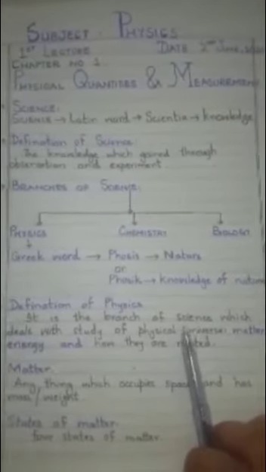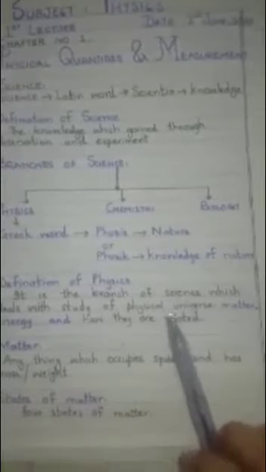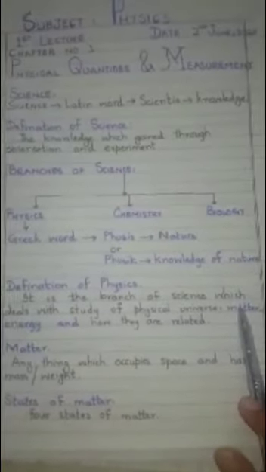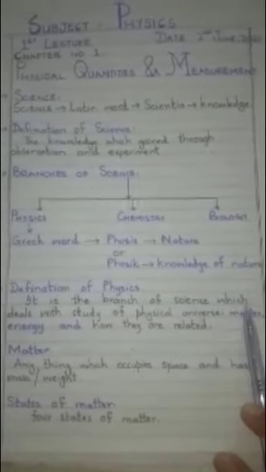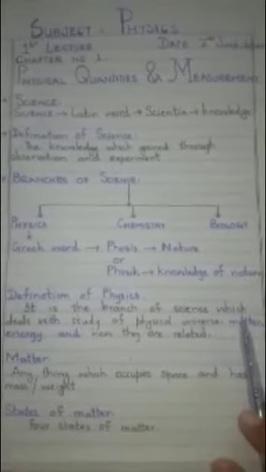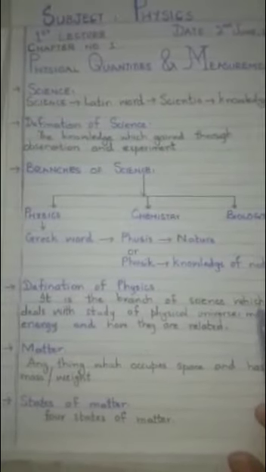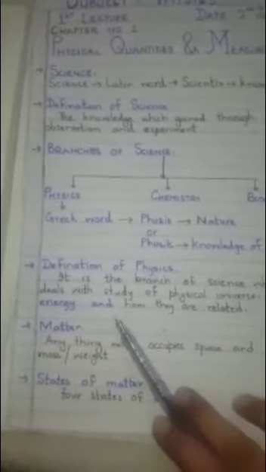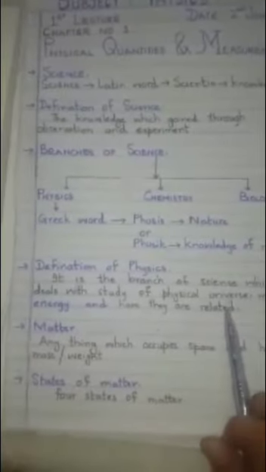Mutual relationship means the relationship between them. So first we will discuss what is matter. Students, I think you know it very well because in previous classes you have already studied matter. But first I will tell you about matter, then energy, and then how they are related.